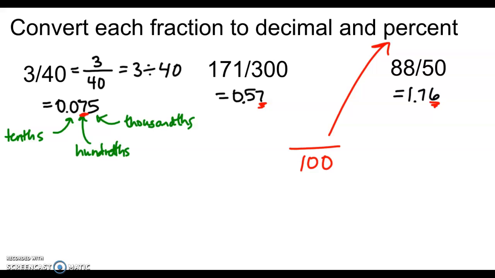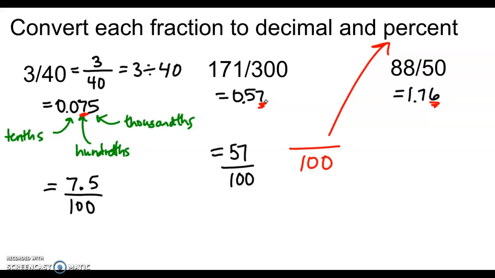Okay, so if we write these, this is equal again. We've got the 7 in the hundredth spot, so we can write 7.5 over 100. Here on our second one, we've got 57 over 100.